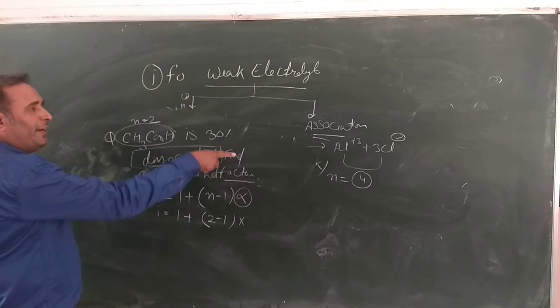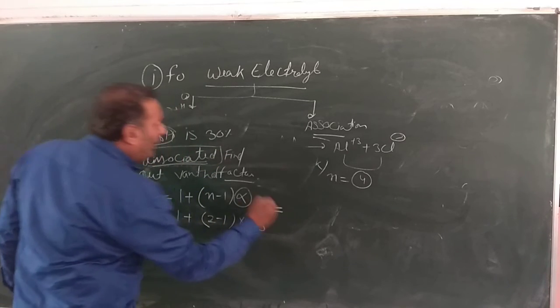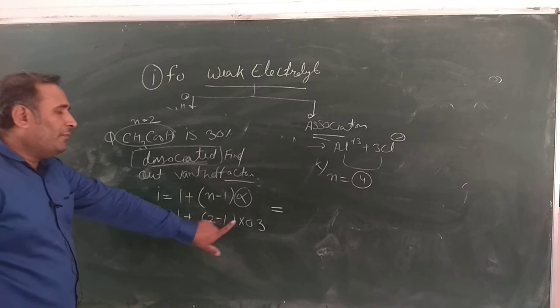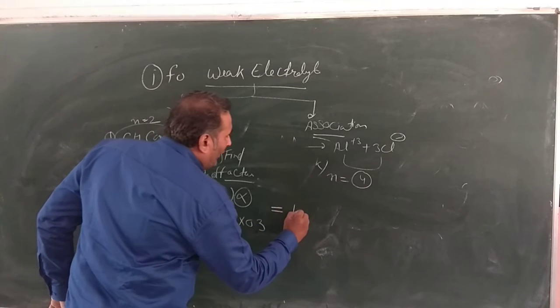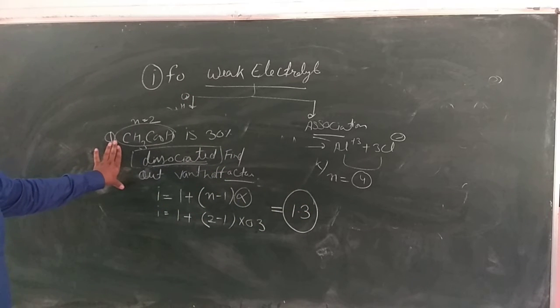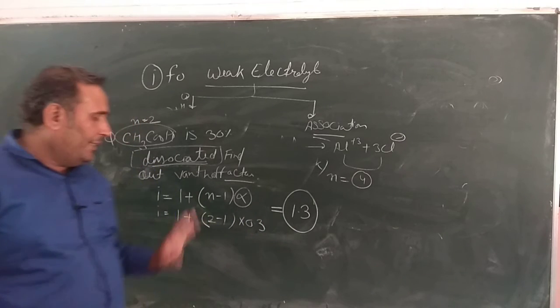Alpha means 30 divided by 100, that is 0.3. So when we calculate, 1 plus 1 into 0.3, that is 0.3 plus 1, equal to 1.3. So in this case, the Van't Hoff factor of CH3COOH is 1.3.